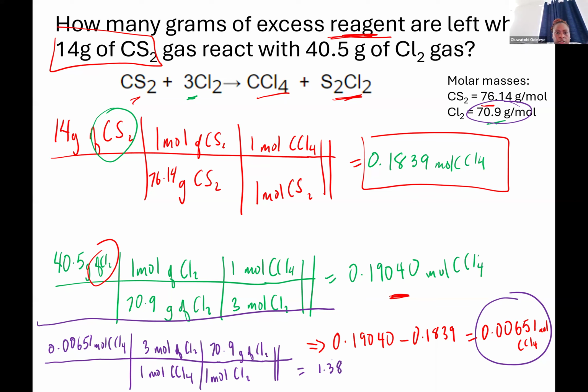Well, two significant figures, because this is 2 sig figs. So 1.38 grams of Cl2, or 1.4 grams of Cl2, would be left over after I'm done. Okay? And that's it.